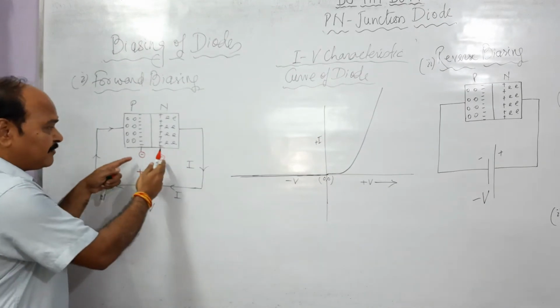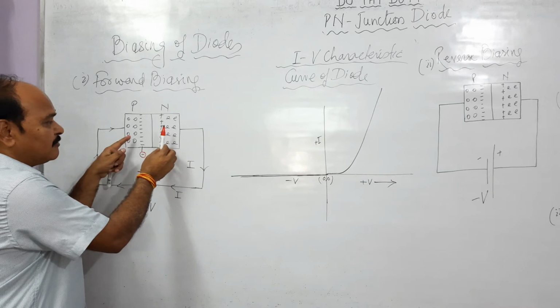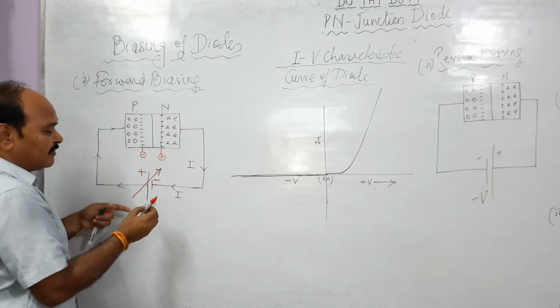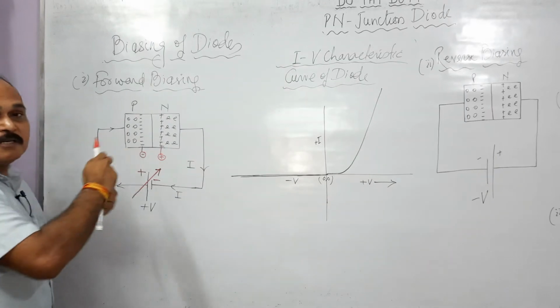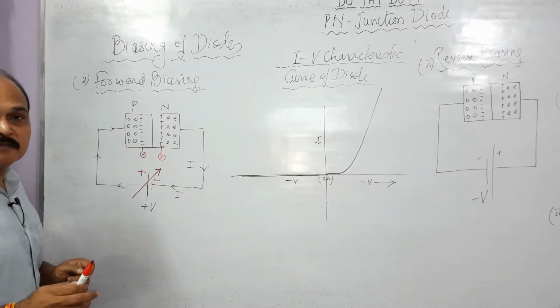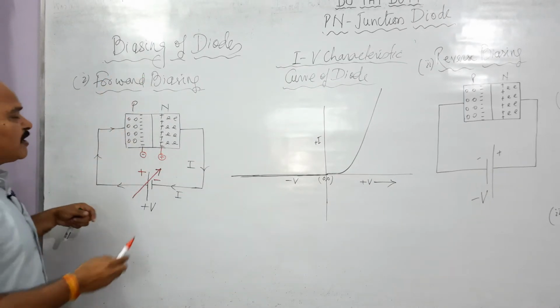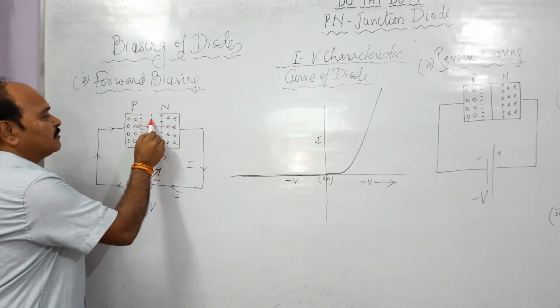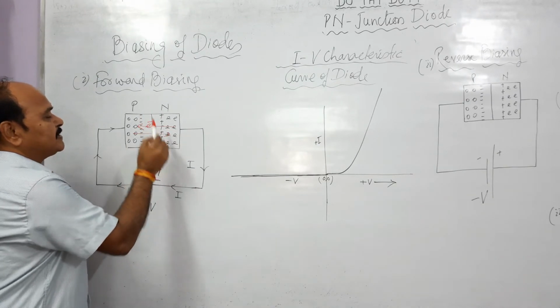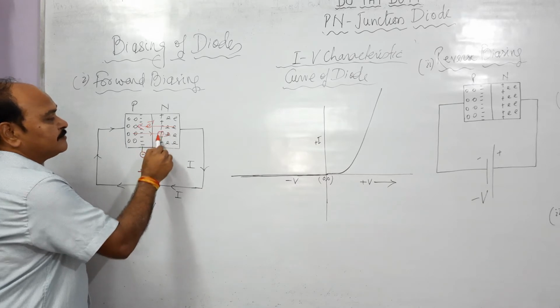At a certain stage, when this potential becomes just equal to the barrier potential difference, the whole barrier is nullified. And once there is no barrier, the electrons start moving from N side to P side, and holes start moving from P side to N side.